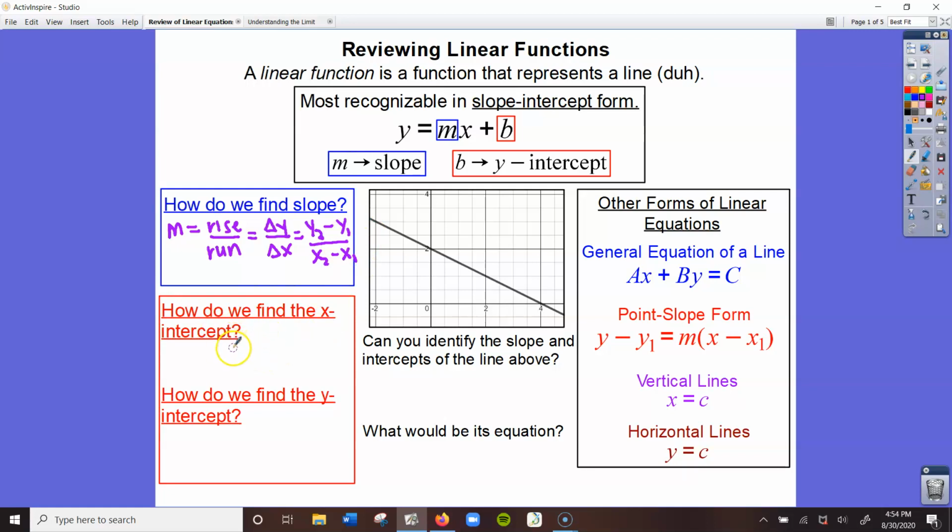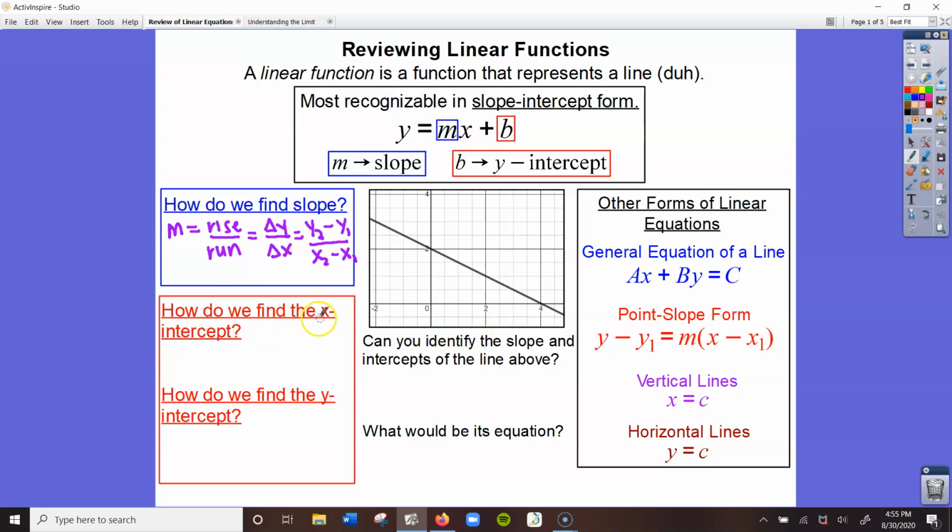Now, the x-intercept is when your line or any function touches the x-axis. If you look at the x-axis, when you go across it, if you were to name some coordinates, we would have (-2, 0), (-1, 0), (0, 0), (1, 0), (2, 0), etc. The only thing that's changing are the x's, but the y values all stay the same, and they are all 0.